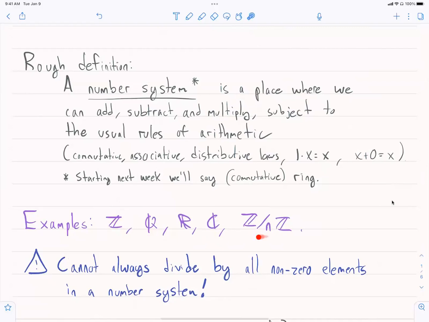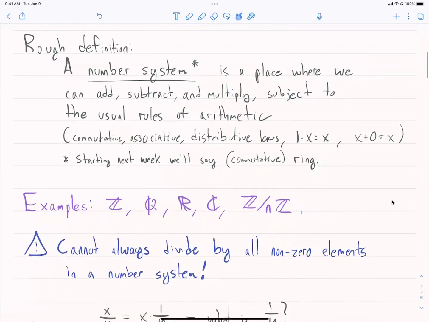The same will sometimes be true in Z mod nZ. Sometimes you'll be able to divide by any non-zero element in Z mod nZ, and sometimes you won't. And I claim we more or less saw in class today when this will be the case.